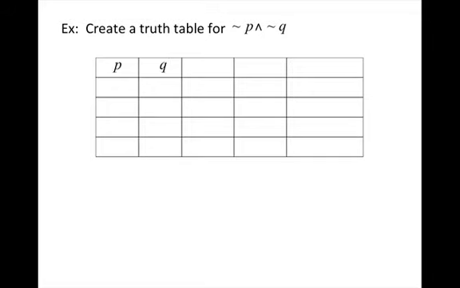I always start out with P and Q. In this case, I have the negation of each one, so I need a column for not P and a column for not Q. And then finally, I can find my AND, so I need a column for not P and not Q. So begin with the standard truth values for P and Q. P is true, true, false, false. Q is true, false, true, false.